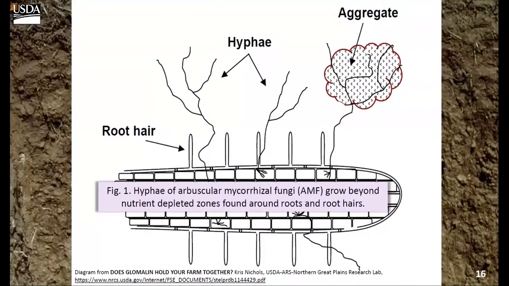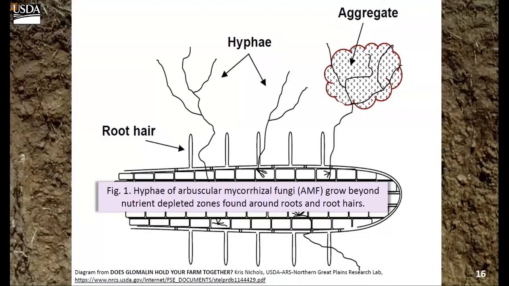So this diagram has the root, and then the little black lines are the fungal hyphae growing out from that fungi into the soil. You've got the root hairs. They're kind of short and stubby by comparison to the hyphae that can go all over the place. Then you've got soil aggregates that collect in that hyphae.